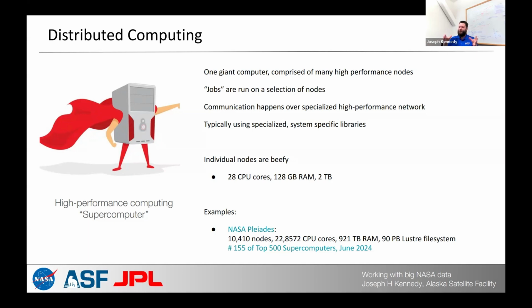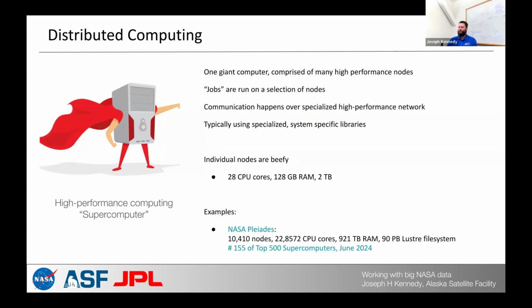You run a job on a selection of nodes, and you effectively get a subset of that computer for an amount of time. In this application, you're using specialized, system-specific libraries. Often it's going to look like an MPI run in the end, using Intel's compilers, which they may have even tuned specifically for this machine.